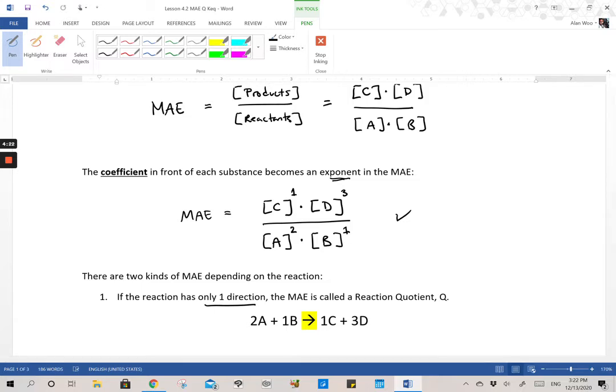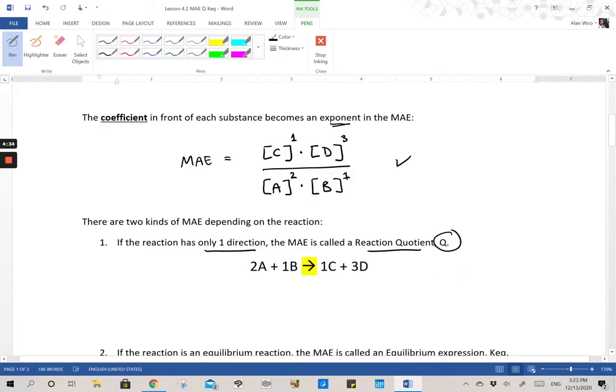If you have a normal reaction with just one directional arrow, the mass action expression is now called a reaction quotient, and it's represented by the symbol Q. So you'll see that it's the same reaction that we have above. So really the only difference now is because I know that there's only one arrow, I'm going to use Q instead of mass action expression, and it's going to equal the same thing.